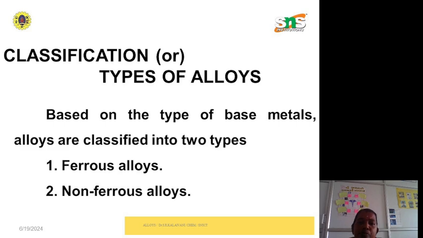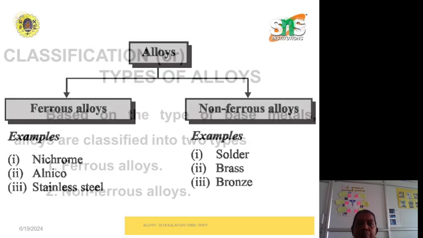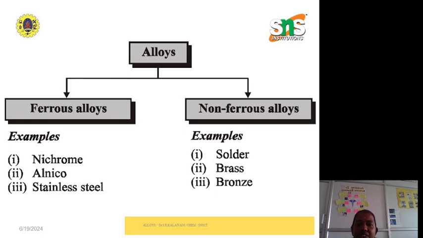Based on the type of base metal, alloys can be classified into 2 categories: ferrous alloys and non-ferrous alloys. Ferrous alloys contain iron as the major constituent, but non-ferrous alloys do not contain iron as the major constituent.